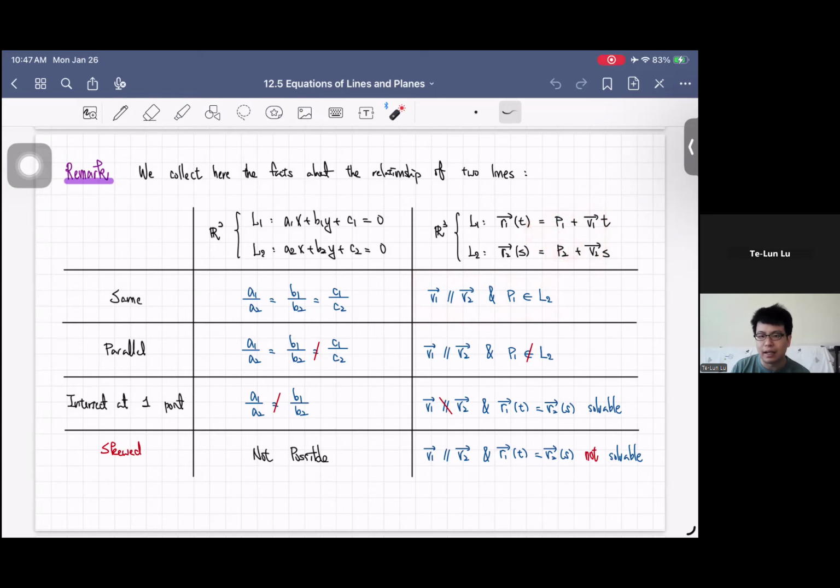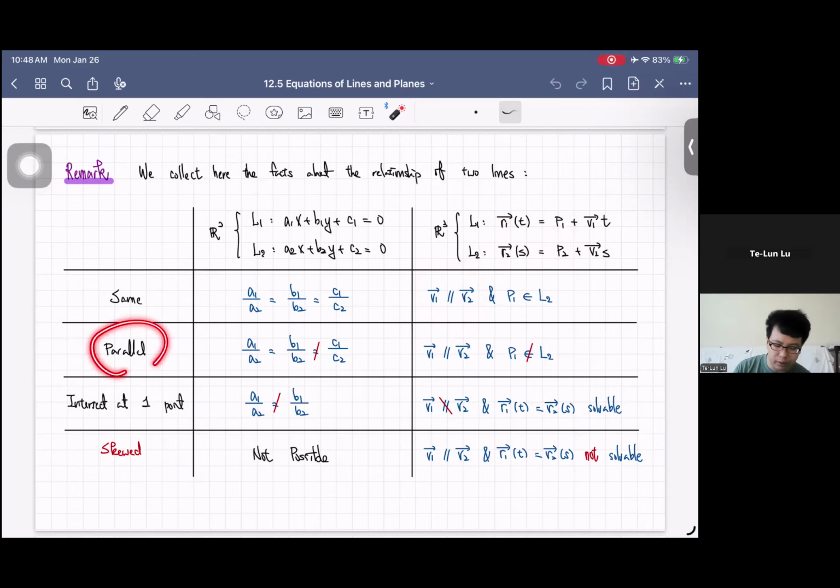So what that means is that V1 parallel to V2 only ensures that L1 is parallel to L2, something like this. But to make them actually touch together, you have to make this point belong to this line, or this point belong to this line. And they will happen simultaneously given that they're parallel. Okay, so that's the criteria on how to determine whether two lines are the same.